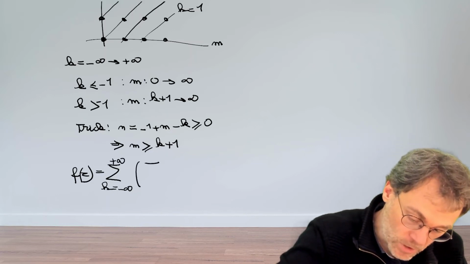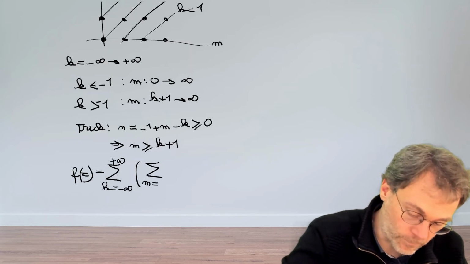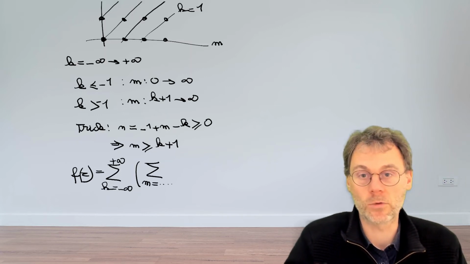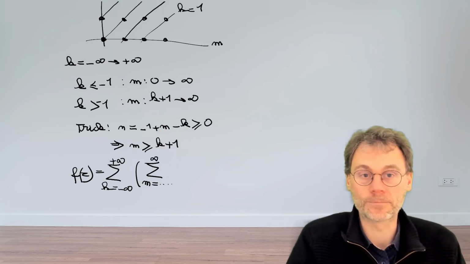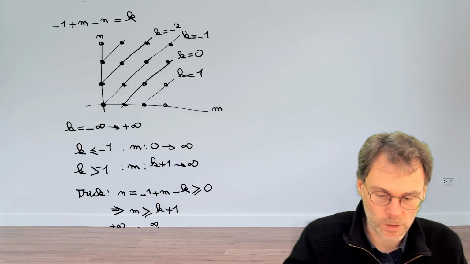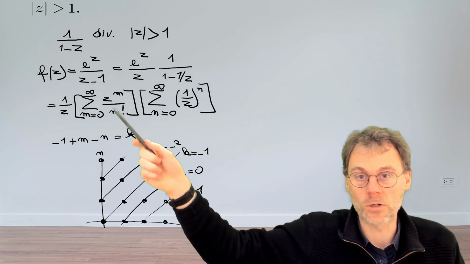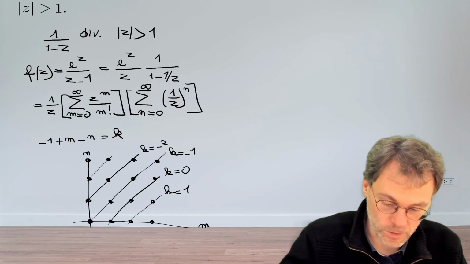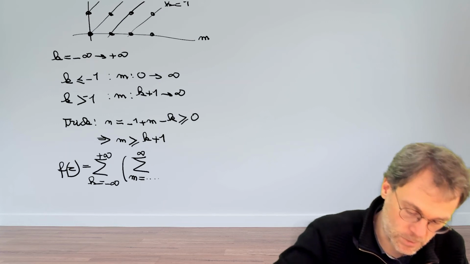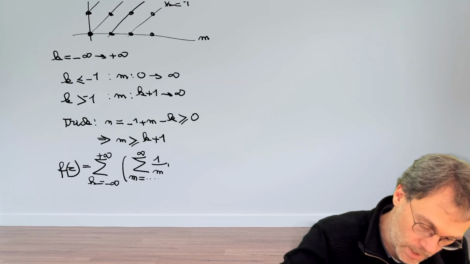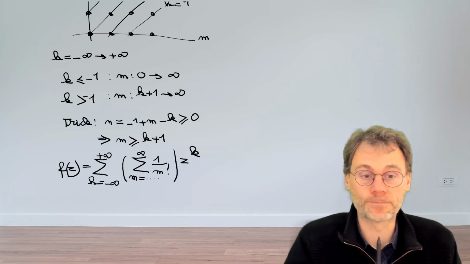And then for each value of k, we will have a sum for m running from this complicated lower bound here, which I do not have space to copy, to infinity. And then if we go back, what are the coefficients? We just look at this thing over here. So the coefficients are just the inverse factorials of m. So let's go back here and write 1 over m factorial z to the power of k.